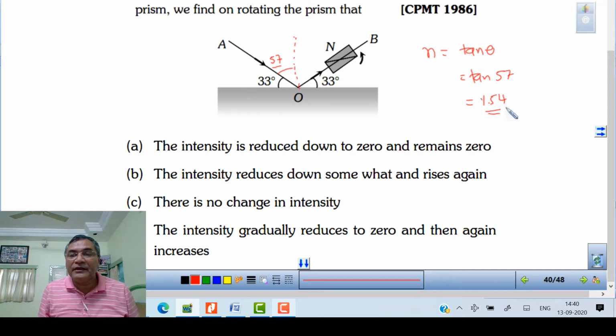If you are not getting this value, n equal to 1.54, it means it is partially polarized. Then my second option is correct. But if n is equal to tan theta, then the fourth option is correct. So be careful. This angle must be the angle of polarization. Then this will happen. And if this angle is not the angle of polarization, then the other option will come.